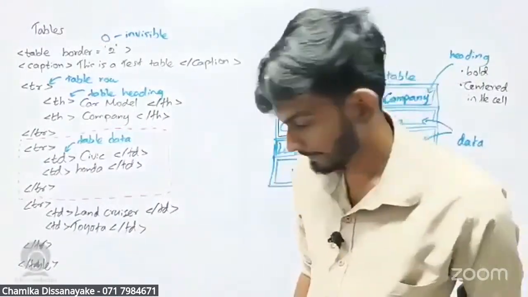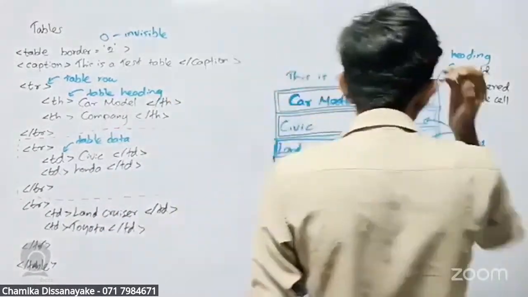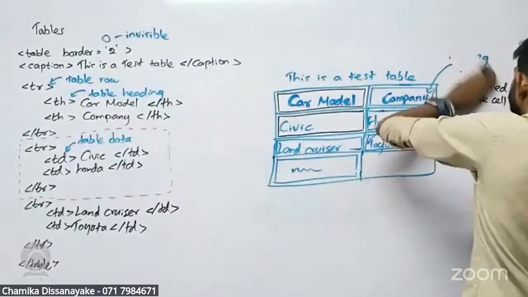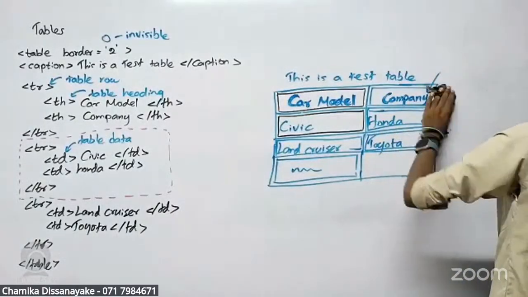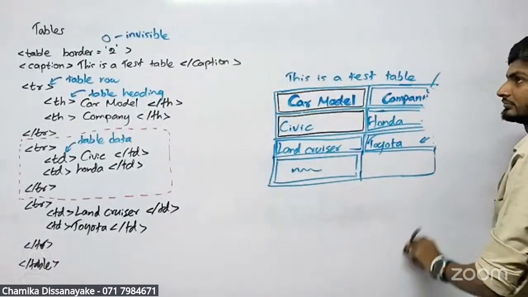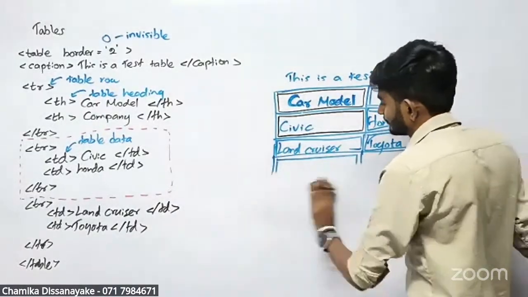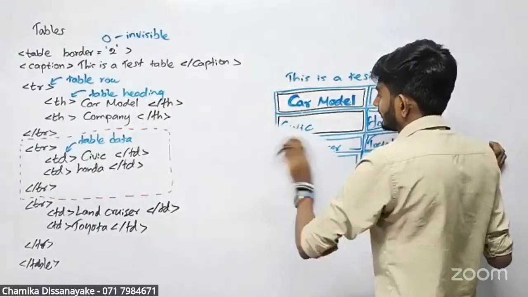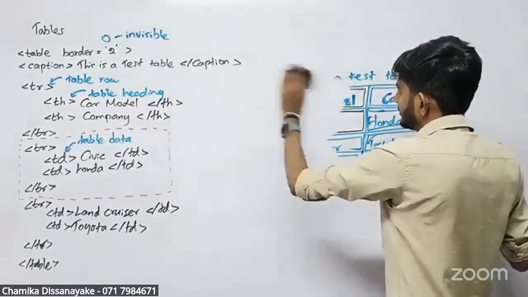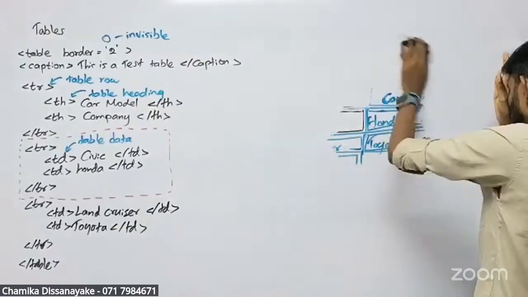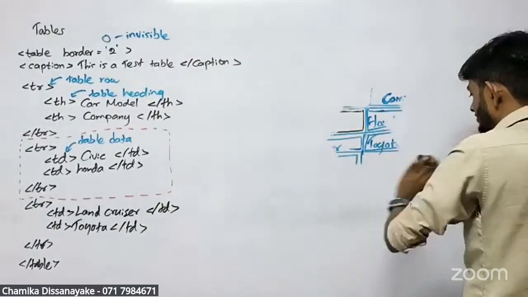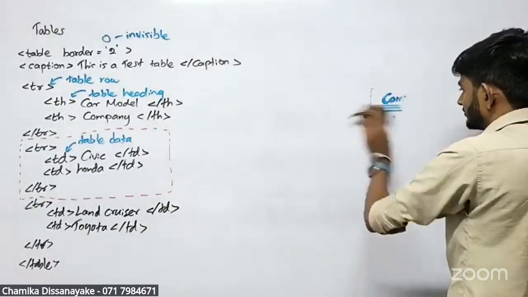Okay. So the other thing, we have two different attributes. Those attributes, actually we are going to change the table.